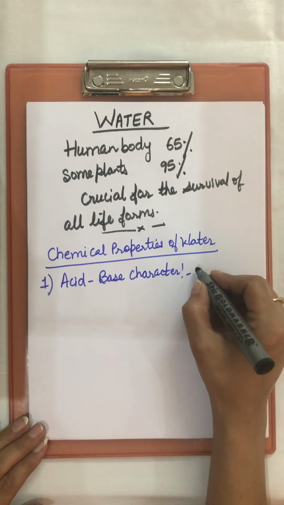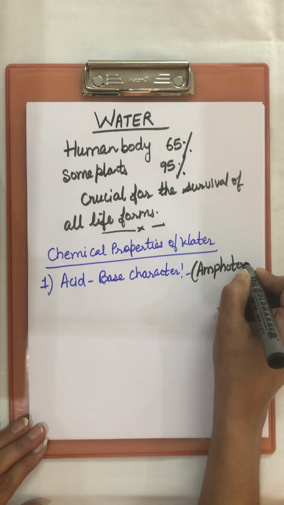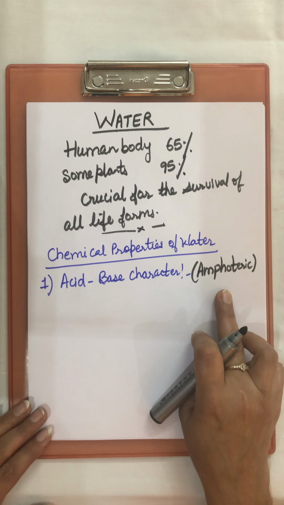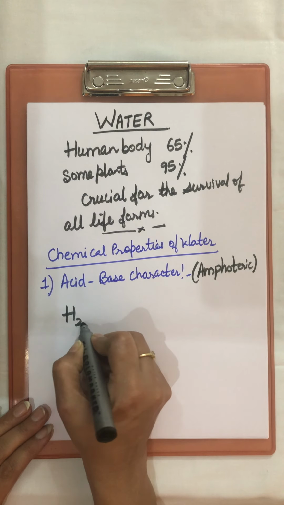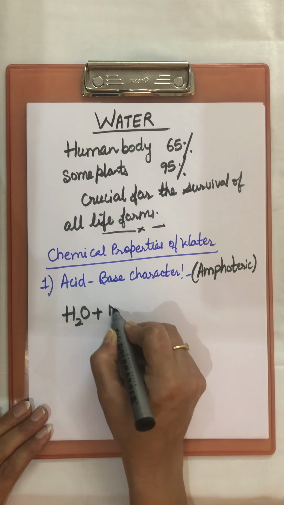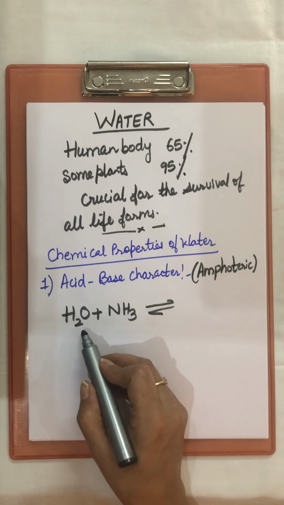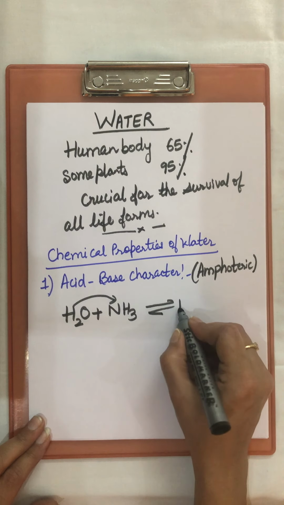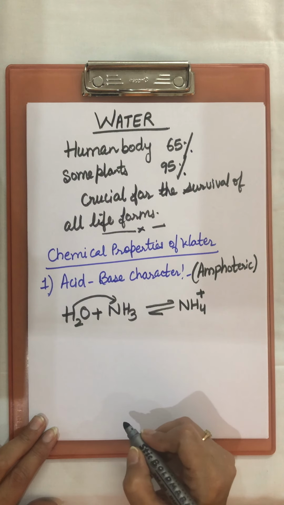That means water is amphoteric in nature. The substances which show both acidic and basic character are called amphoteric in nature. Like in this example, water when reacted with ammonia, water gives its H plus ions to the ammonia and ammonia thus changes to NH4 plus ammonium ion.